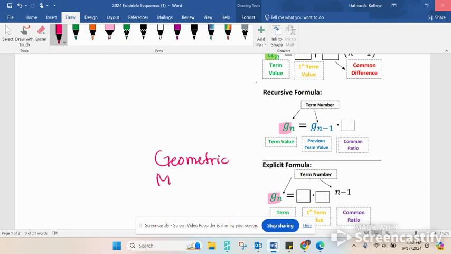Anytime I have a geometric formula, that means I am multiplying, and this is a common ratio. Again, you don't have to write that in your notes. I highly recommend writing that in your notes, though.